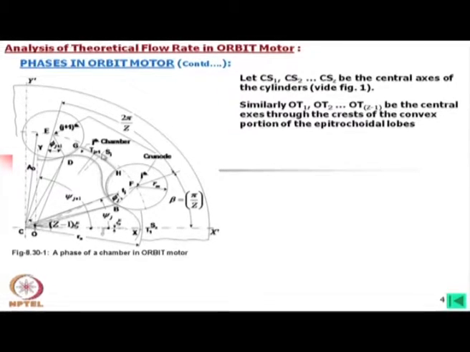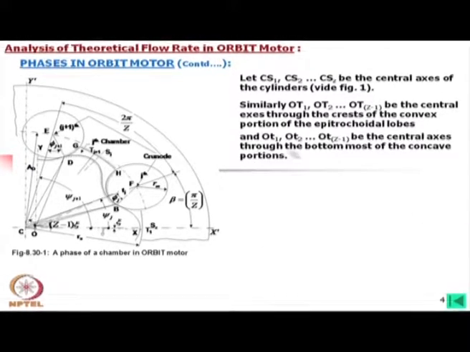It can be named otherwise, as T(Z-1), because there will be 6 lobes, one lobe less than Z. That is why the numbering goes up to Z minus 1. Similarly, we have also taken Ot1, Ot2 through the lowest point of this profile, that is, the concave portions.